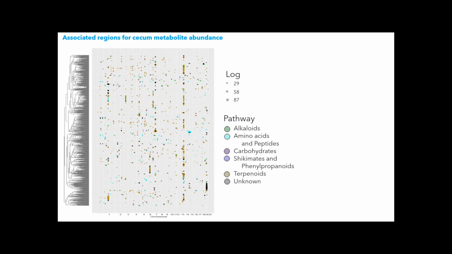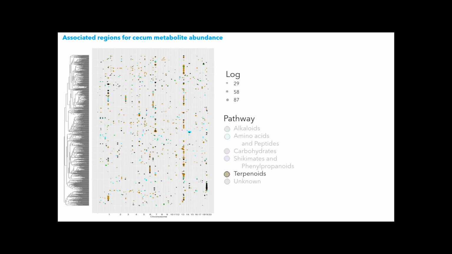The pathways that we were able to include in this analysis were 6: alkaloids, amino acids and peptides, carbohydrates, shikimates and phenylpropanoids, terpenoids, and uncharacterized metabolites. And you also have an estimate of log p-value for those associations.